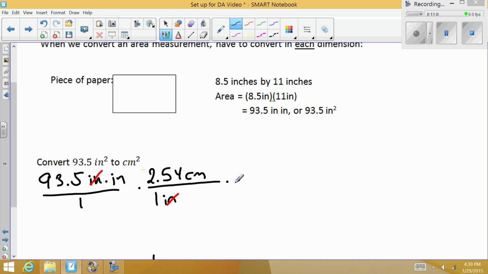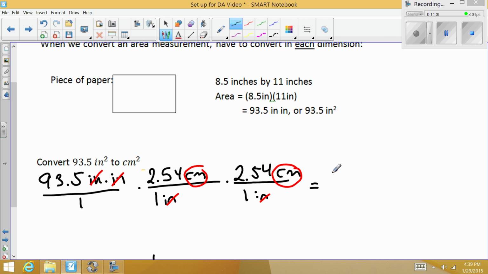So I need a second unit fraction. 1 inch is 2.54 centimeters. And that allows me to cancel out the second inches. The units I have are centimeters times centimeters, and that's going to give me my centimeters squared for my final answer. So I can multiply across my numerators here, since I have nothing but ones in the denominator.